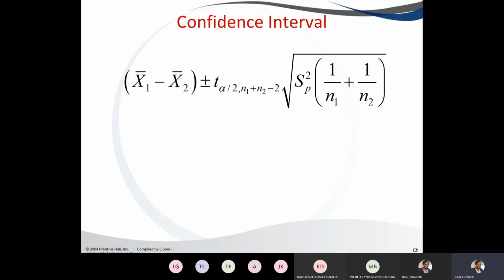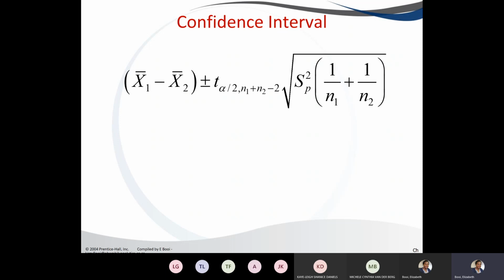The confidence interval is the mean 1 minus the mean 2 plus or minus t alpha divided by 2, with degrees of freedom n1 plus n2 minus 2, times the standard error.